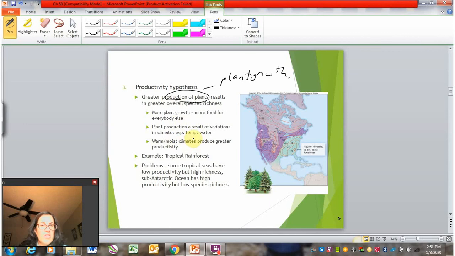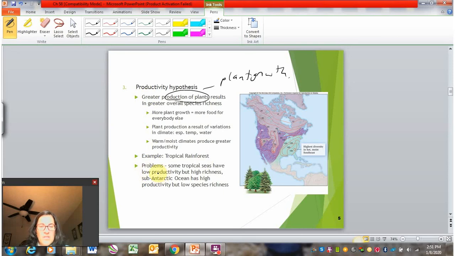And plant production depends on things like temperature and water. So warm, moist climates near the equator are going to have greater productivity, therefore greater species richness. The tropical rainforest would be a classic example of this. And so this sounds very reasonable.